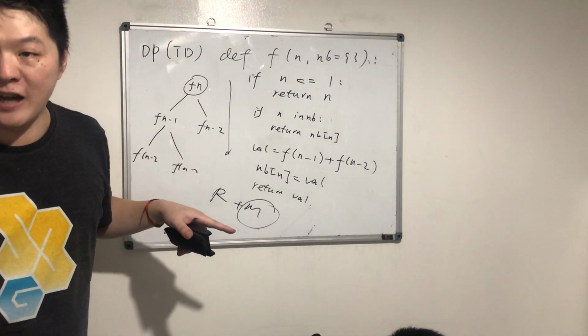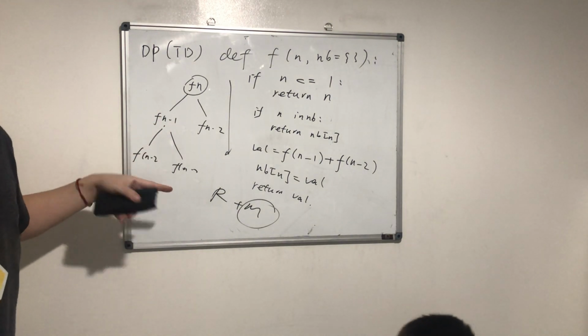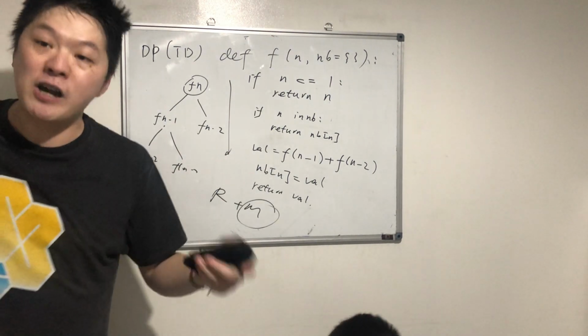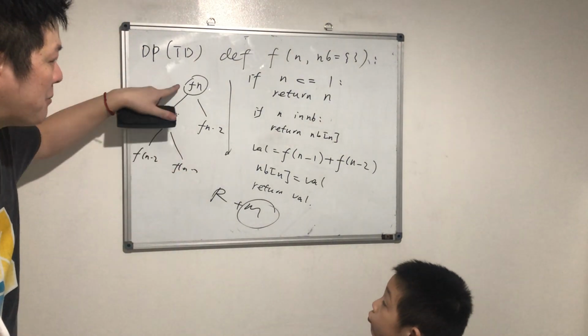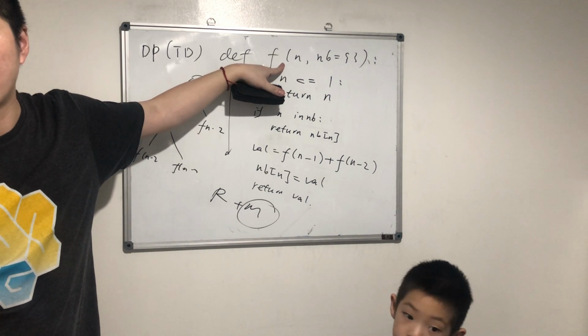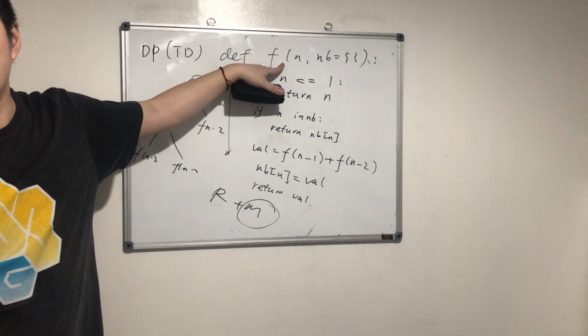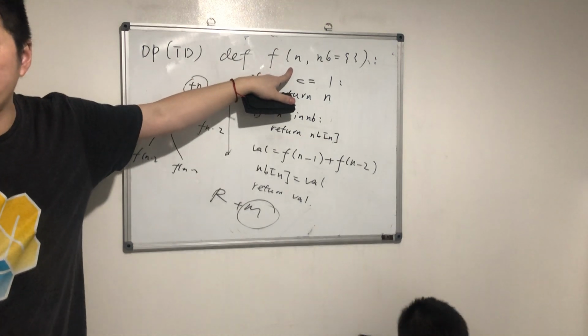So let's speed up. If you're calculating F4, F2 again and again, it's going to take exponential time. But with this memoization, for Fn, how many times do you have to calculate it? N times.